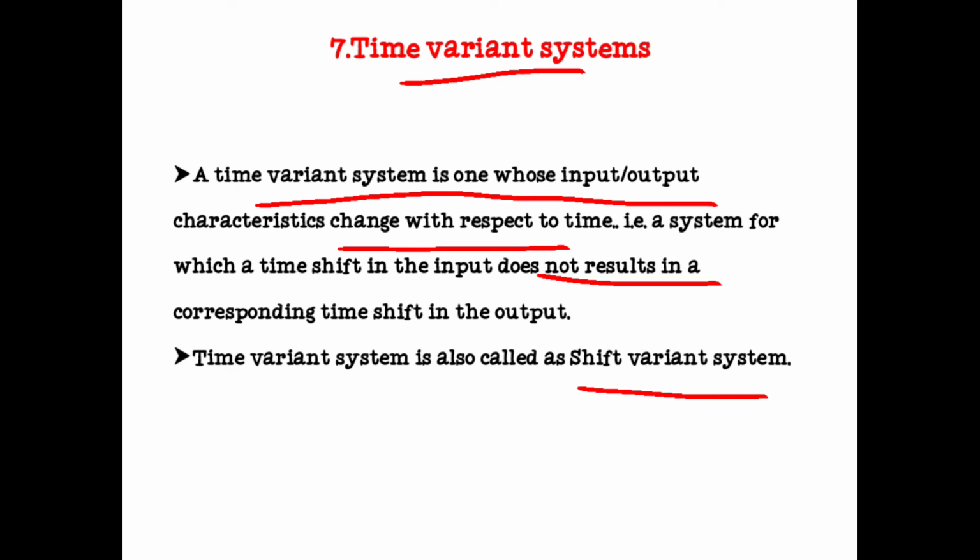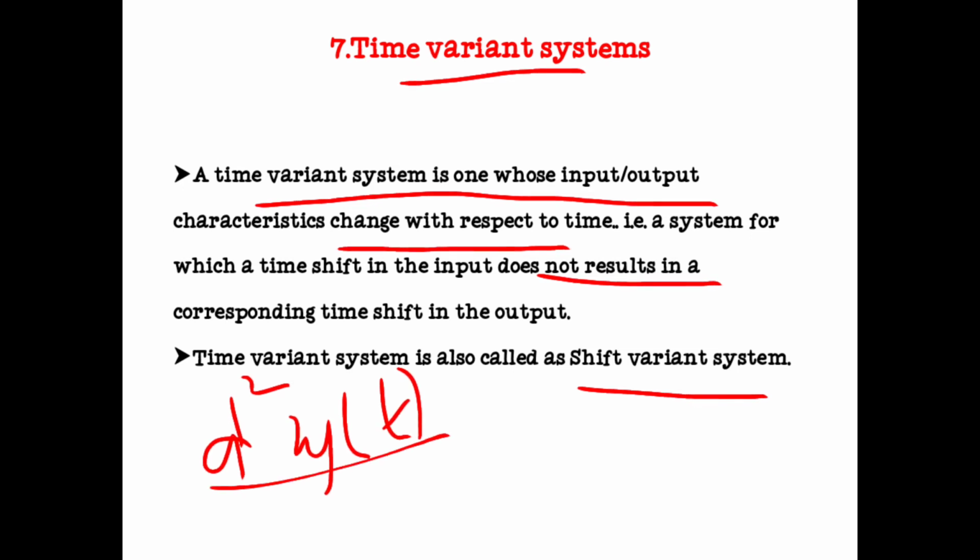If a continuous time system is described by a differential equation, how can the time invariance be found? It can be found by observing the coefficients of the differential equation. For example, an expression like d square y of t by dt square will be given, and they will be asking whether this system is time invariant or time variant.